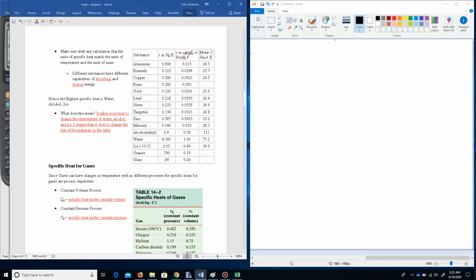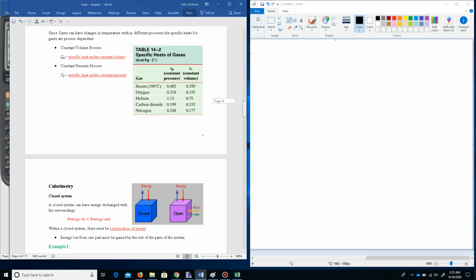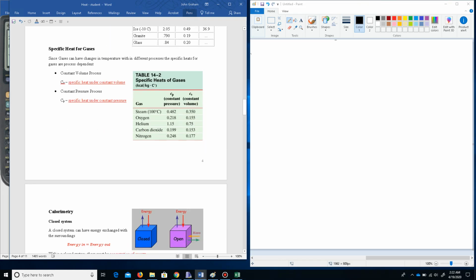Now, when it comes to gases, specific heat for gases depends on the process. So if it's a constant volume process, then we have what's the specific heat for the volume. So C sub V, and this is specific heat under constant volume. If it's a constant pressure process, then you have the specific heat for the pressure.